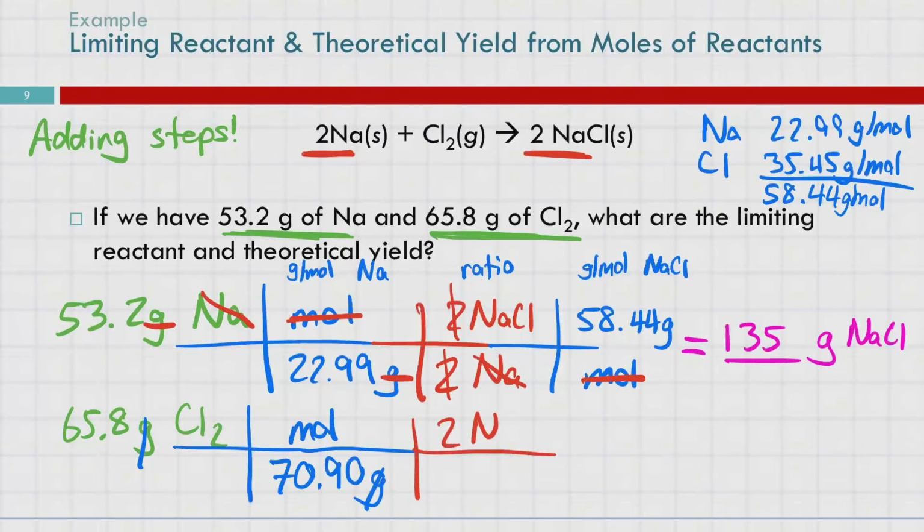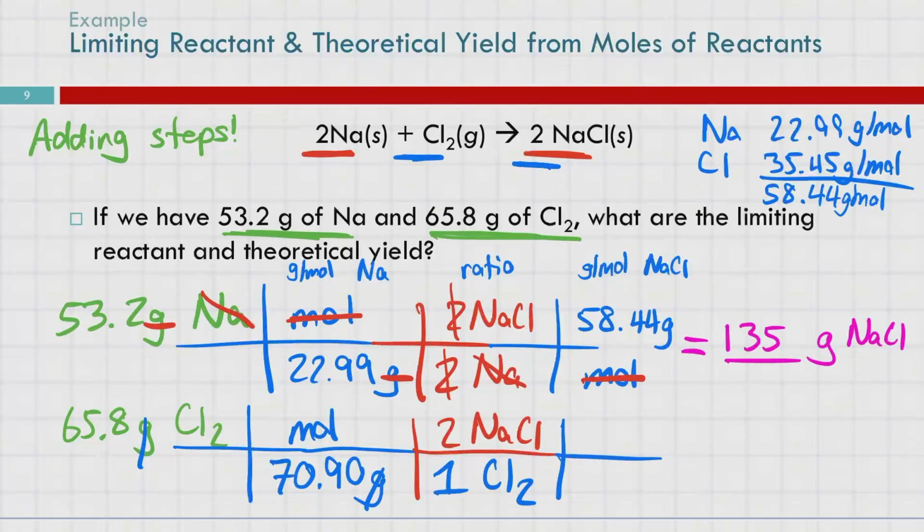We're going to have the 2 NaCl on top, because that's the coefficient that goes along with sodium chloride in our balanced equation. Instead of having a 2 on the bottom with Cl, though, chlorine in our balanced equation doesn't have a coefficient. That means it has a coefficient of 1. So 1 Cl2 on the bottom.